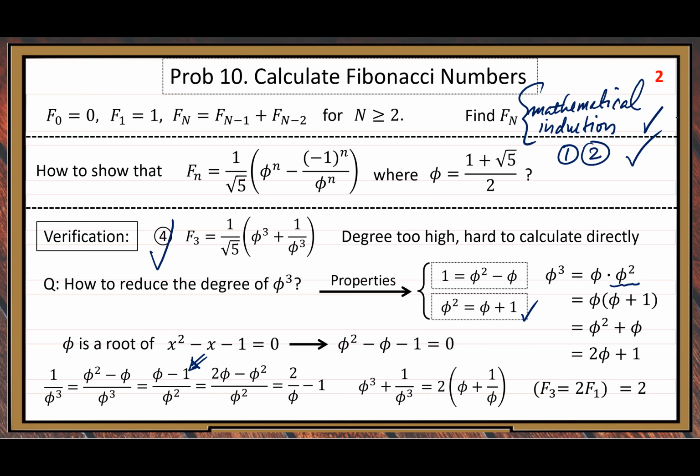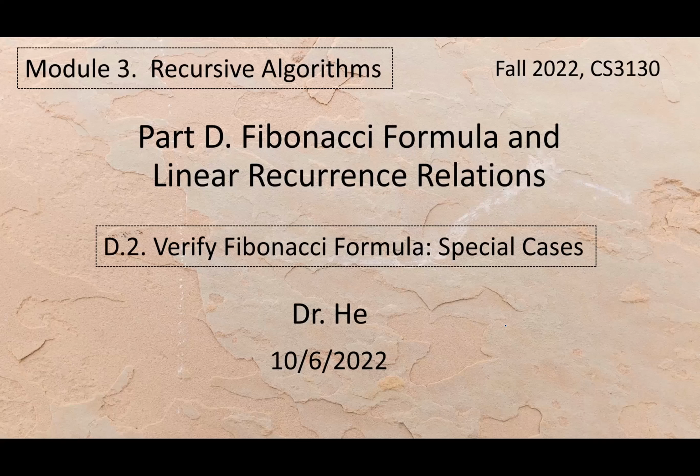Because in your homework assignment, homework number 1, which I will create sometime today, you will do this kind of simplification. You will have a chance to do it in this way. So that's the reason I show you how to do it. All right, let's continue on the next part.